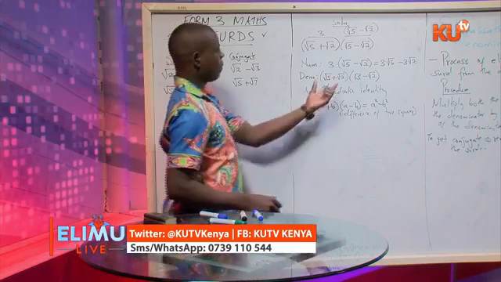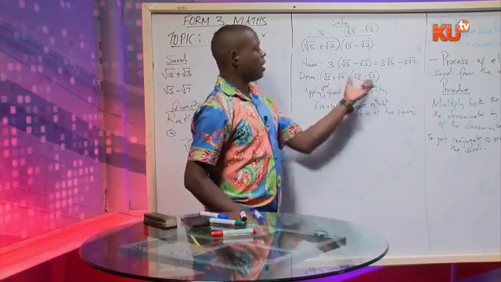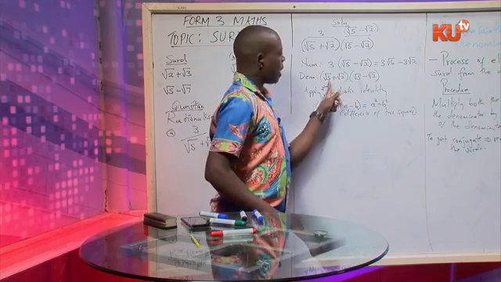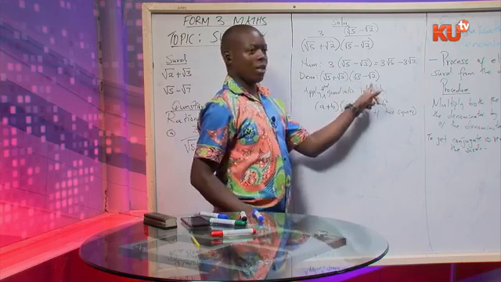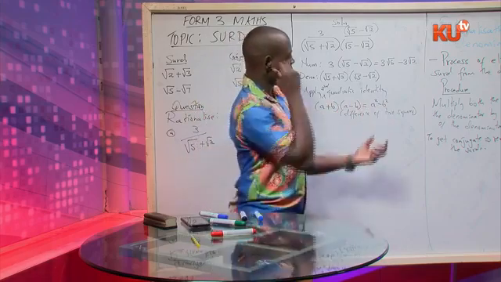So what you do is, for this case, because these terms are the same numbers, the only difference is the sign. Do not waste time multiplying every term in the first bracket by every term in the second bracket, even though it will give you the correct answer. Simply apply this identity.